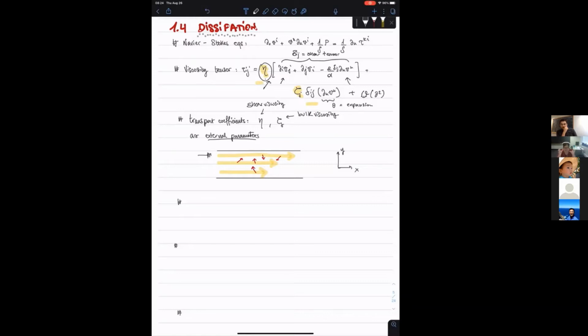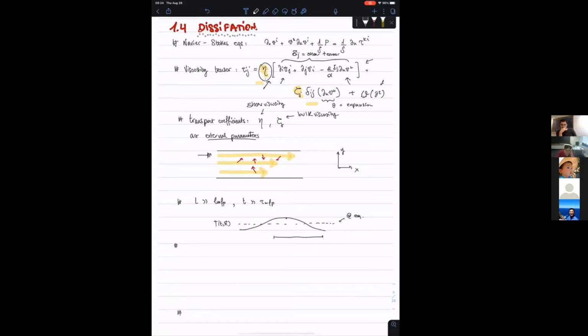The reasoning behind differentiating between these terms and these other terms is that, remember, we are working in this effective field theory approach, where the perturbations are much larger than some mean-free path, and times are much larger than some microscopic scale. And therefore, you can think that if you have, again, let's say some temperature, so this will be the temperature at equilibrium, and this will be this out-of-equilibrium perturbation of the temperature.